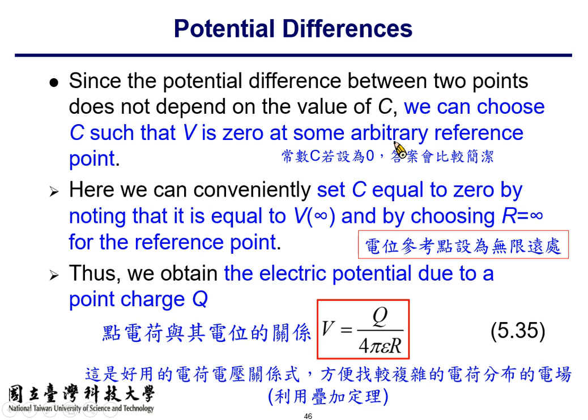So V is inversely proportional to R and proportional to Q. Do you remember why we have 4 pi here, and why we have epsilon? Epsilon is the description of the environment, the permittivity of the space. If this is a vacuum, free space, then epsilon equals epsilon 0, which equals 8.854 times 10 to the minus 12.